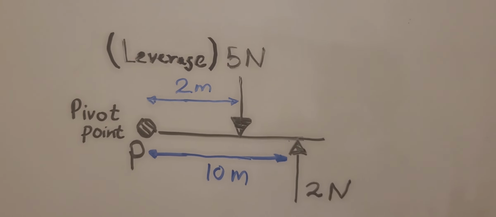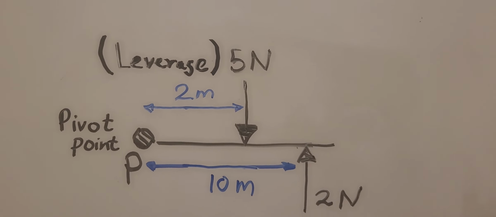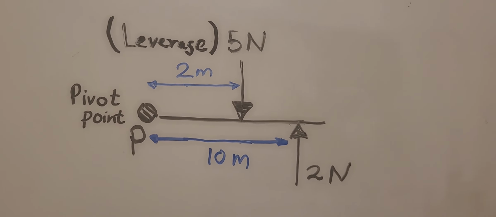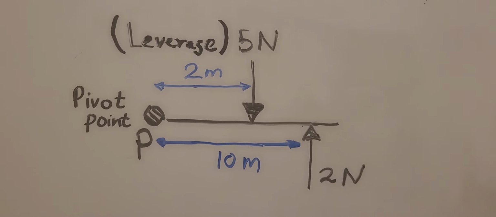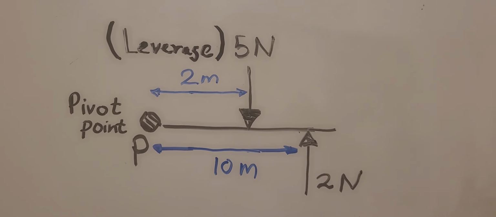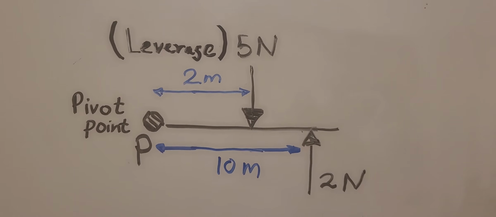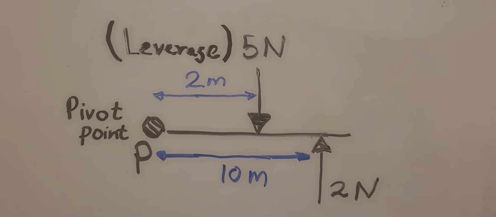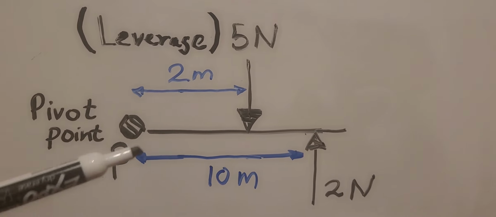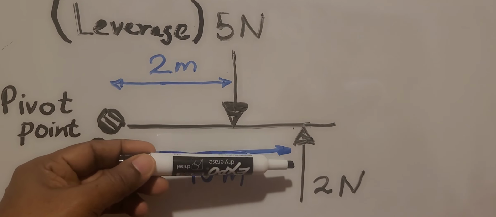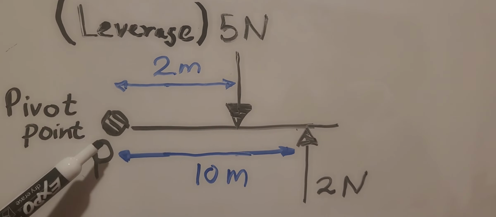So how do we find the torque? First, we need a convention, because torque is a vector. So that means there's a size and a direction. Can you see this 2 Newton force about this pivot point?